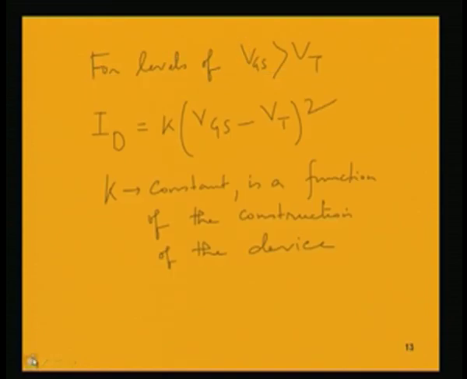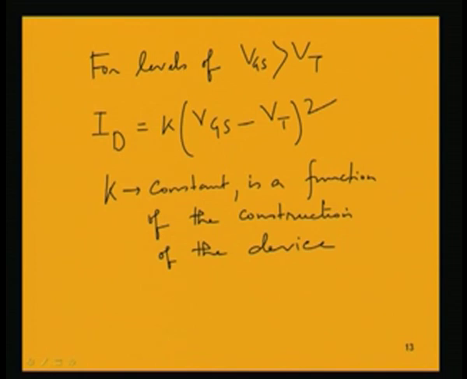Suppose we have known the value of the current for a particular value of VGS, then we can find out that K by measuring this VGS and ID on.